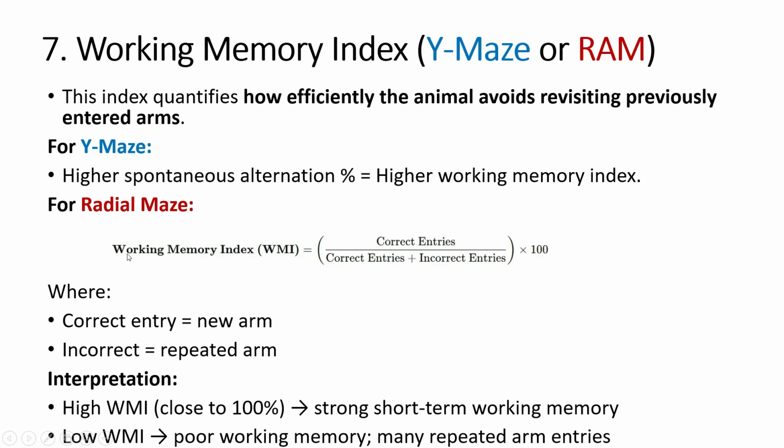For the radial maze, working memory index equals correct entries divided by correct entries plus incorrect entries, all into 100, where correct entries are new arms and incorrect entries are repeated arms. Interpretation: a high working memory index close to 100 means strong short-term working memory. A low working memory index means poor working memory, with many repeated arm entries.